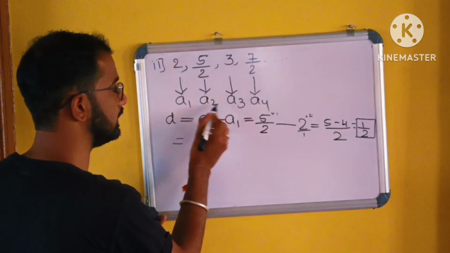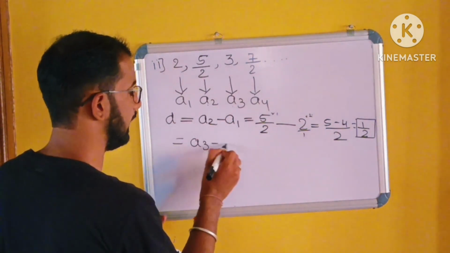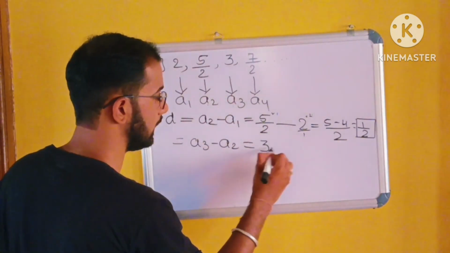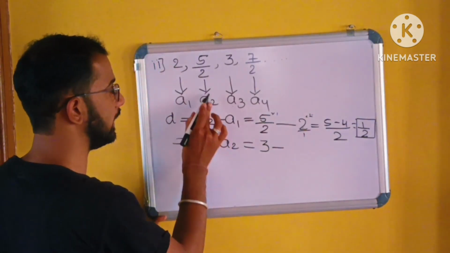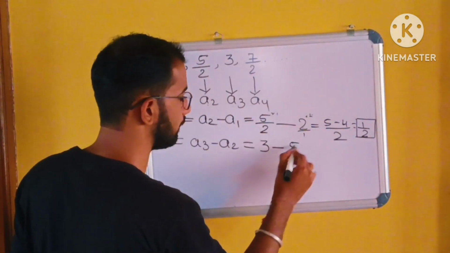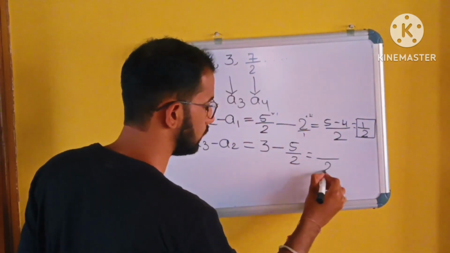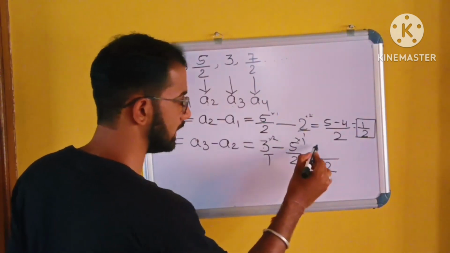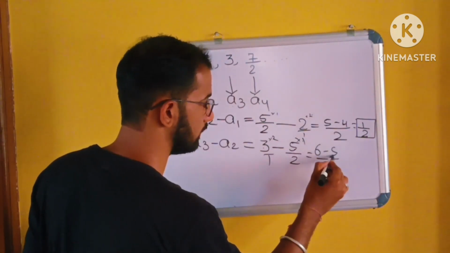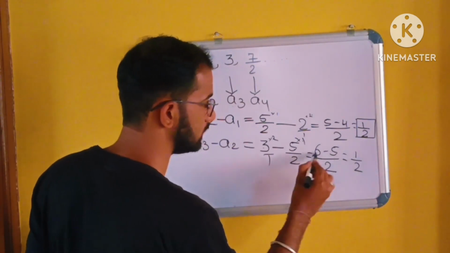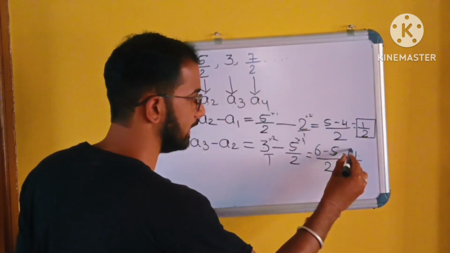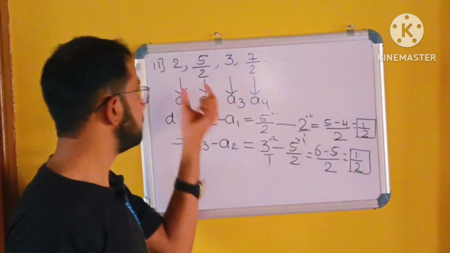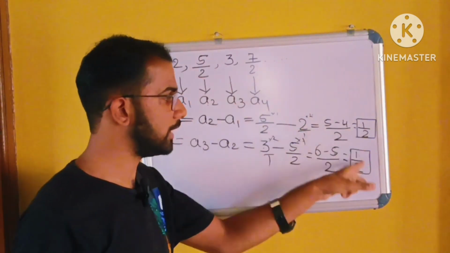Next consider A3 minus A2. What is the value of A3? That is 3, minus the value of A2, which is 5 by 2. Here also the LCM is 2. 1 twos are 2, 3 twos are 6, 5 ones are 5. 6 minus 5 is 1 by 2. See here, we got a common difference between these two numbers of 1 by 2.